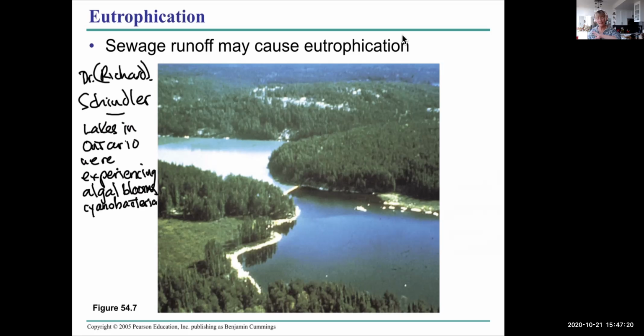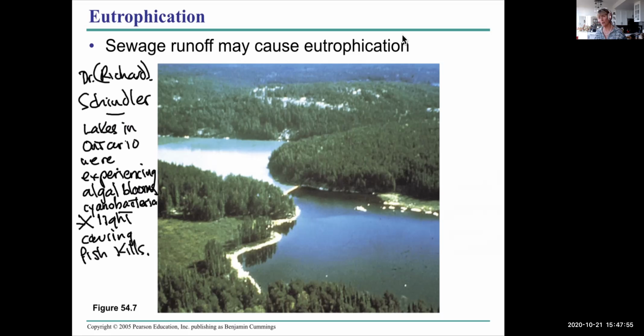In particular, the cyanobacteria can cover a lake and cut out the sun for the other algae in the lake, thereby causing fish kills quite often. And that's what was happening in Ontario. Algal blooms, cyanobacteria, cutting out light, causing sometimes fish kills, so a large number of fish dying in the lake.